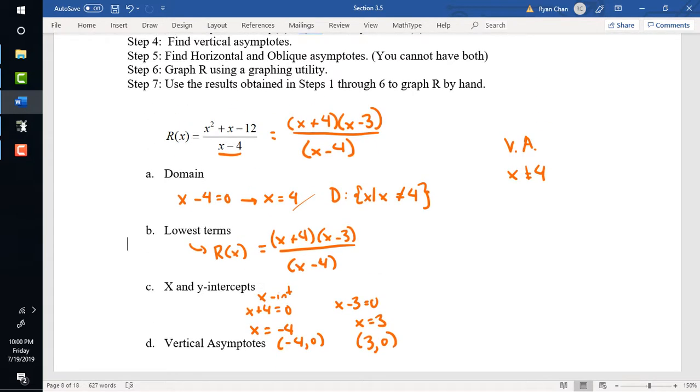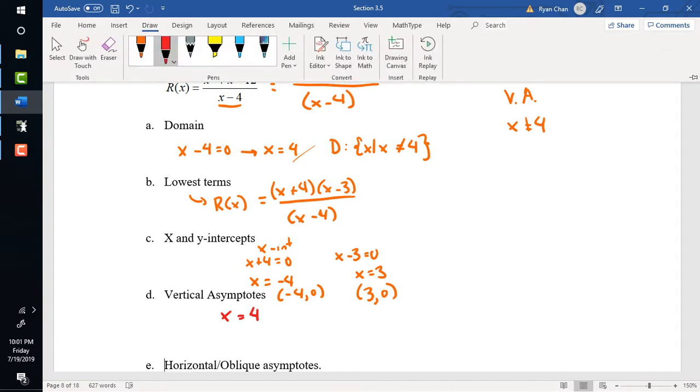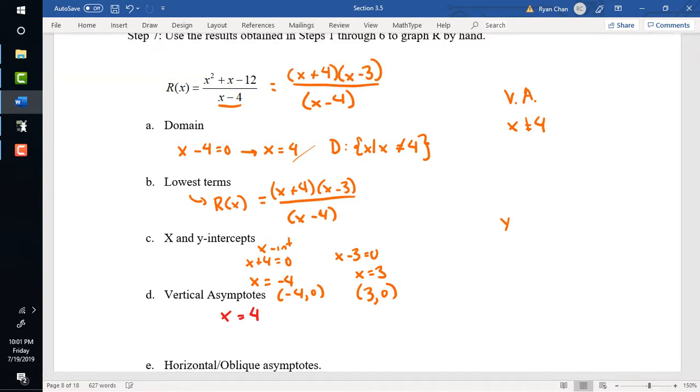Let's also look at the following. I already got my vertical asymptote, x is equal to 4. And then let's look at my y-intercept. My y-intercept, remember, is when x is equal to 0. So I plug this into my reduced form. I have 0 plus 4 times 0 minus 3, all over 0 minus 4.